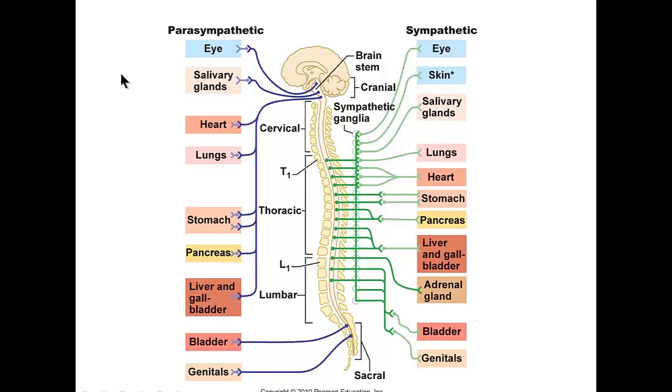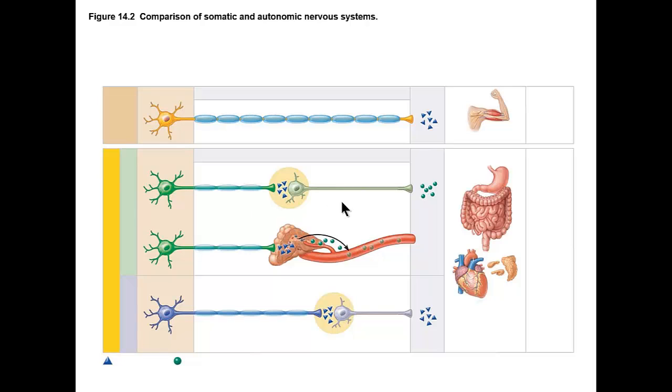What can we say about the length of the preganglionic neuron compared to the length of the postganglionic neuron? Which is longer? Here's the postganglionic neuron out here. The preganglionic neuron is way longer, isn't it? And let's look here. This one doesn't show it very well, does it? But this is a lot longer in the parasympathetic.